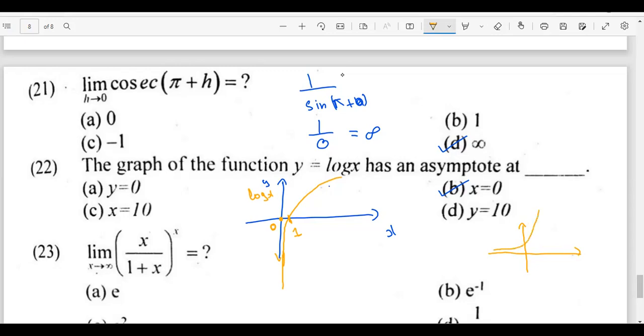Here the asymptote is the x-axis because the graph would get parallel to the x-axis. So if your graph is getting parallel to any line or axis, that line or axis is the asymptote. And that is why for log of x we are choosing x equals 0, because x equals 0 is the line of the y-axis. Is that okay now?